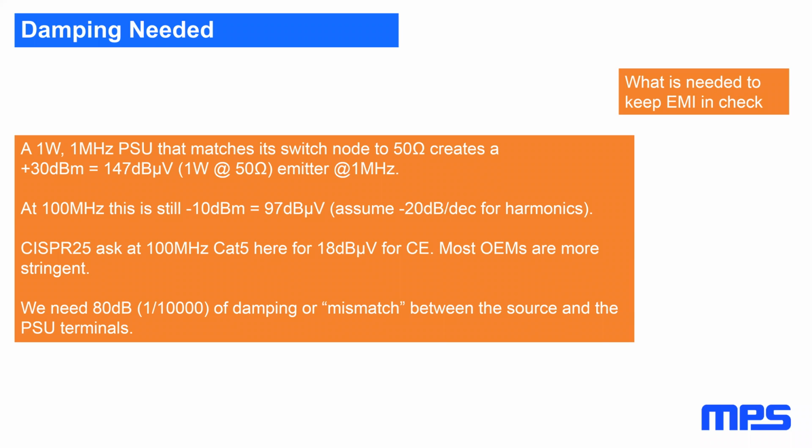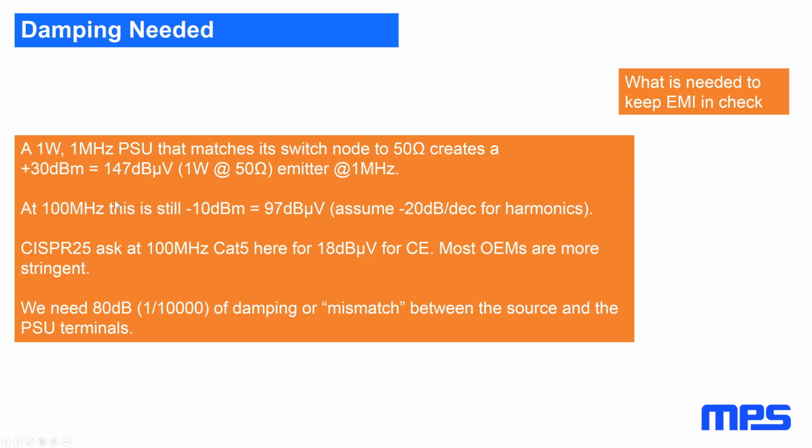If you think about a small power supply with 1 watt running at 1 megahertz, and you have that really matched to 50 ohm impedance, that would be a 147 dB microvolt source. So way higher than any limit you can dream of.